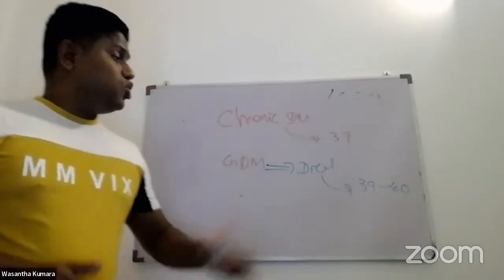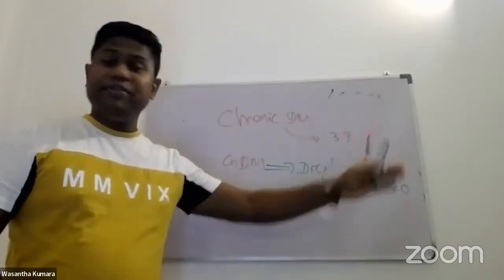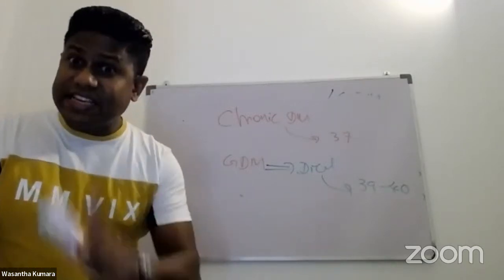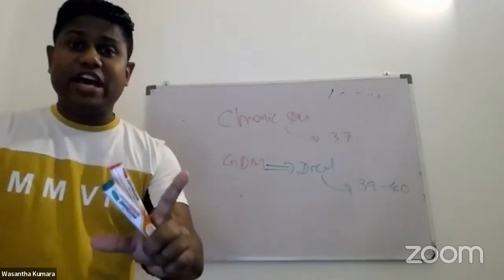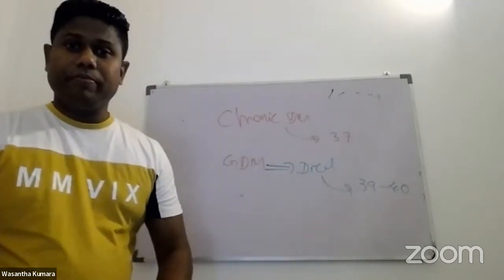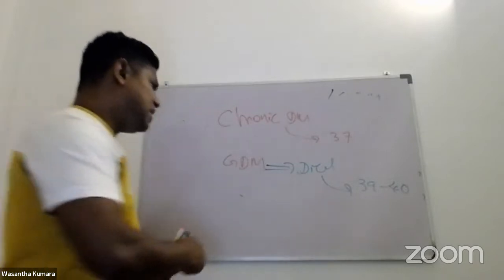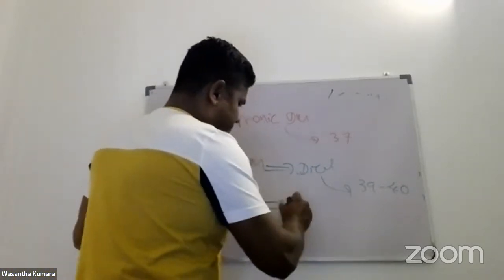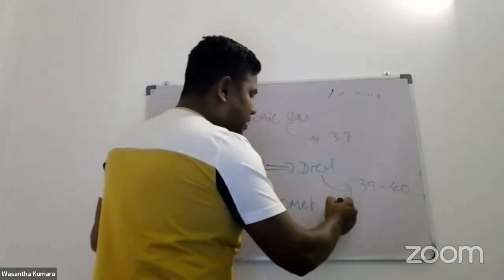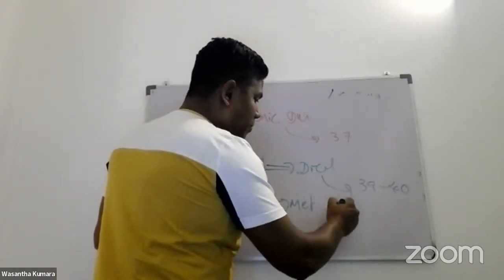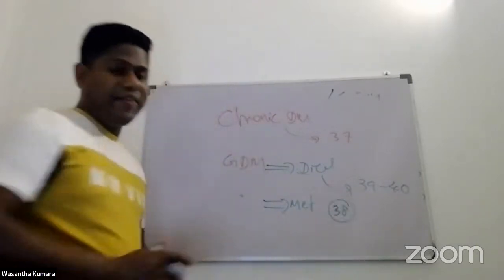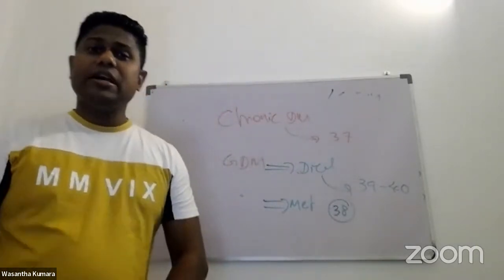That is gestational diabetes with good control, usually diet control. GDM on metformin, no hard and fast rules though, but you can deliver around 38 weeks. 37 to 38 weeks, better to deliver.